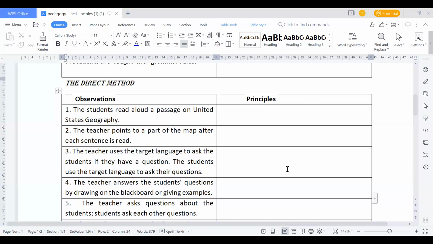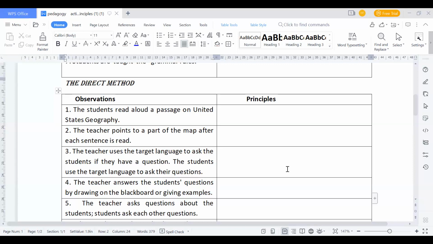The teacher points to a part of the map after each sentence is read. One reason is materials related to travel and trade, and the other one is that they use realia. Picture cues. Yes, you're correct there.